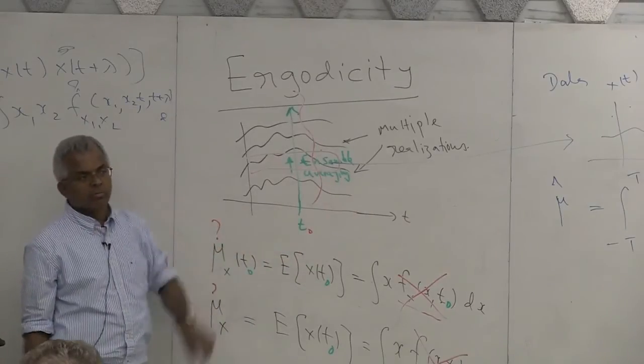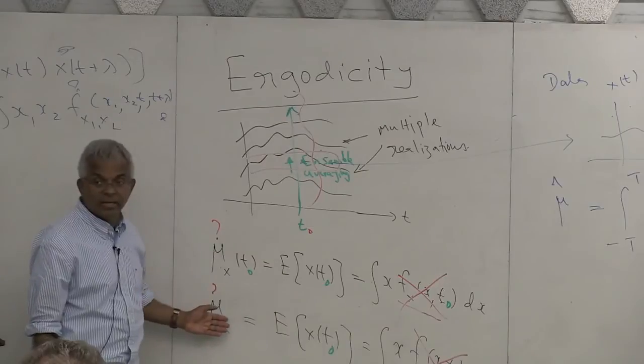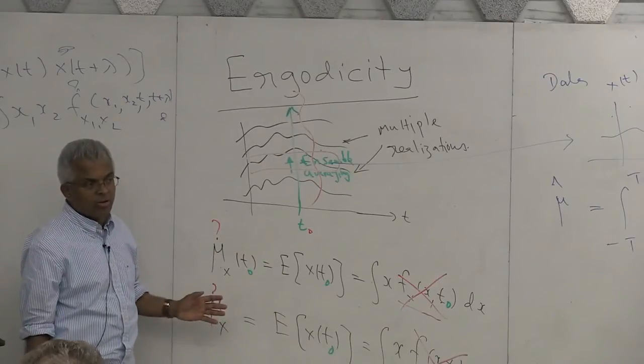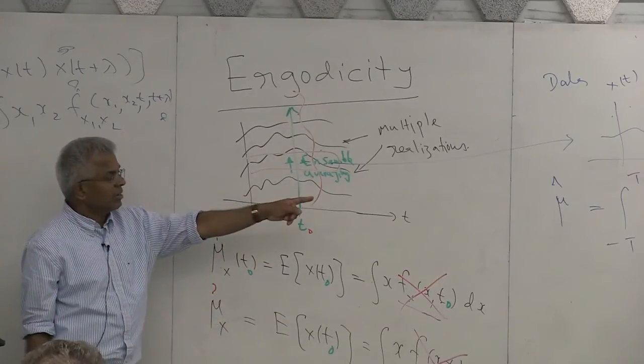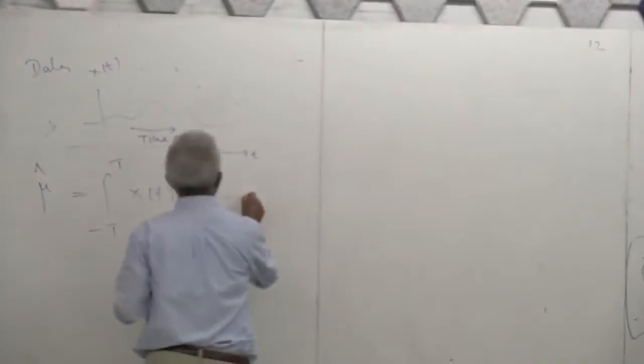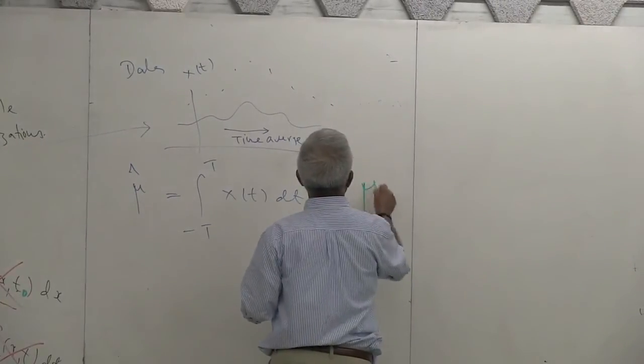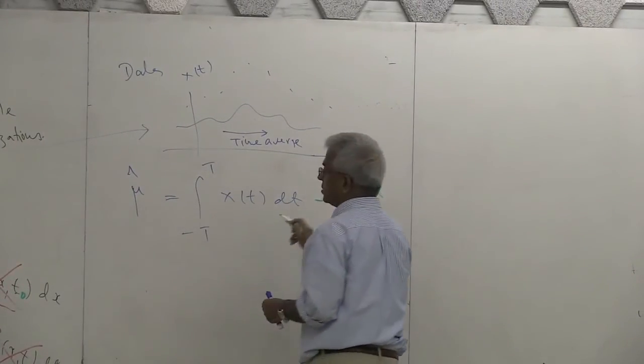The only place it may make sense is here. If the mean happens to be a constant, there is a chance. So the question to ask is, when will this quantity go to the mean? Under what conditions?